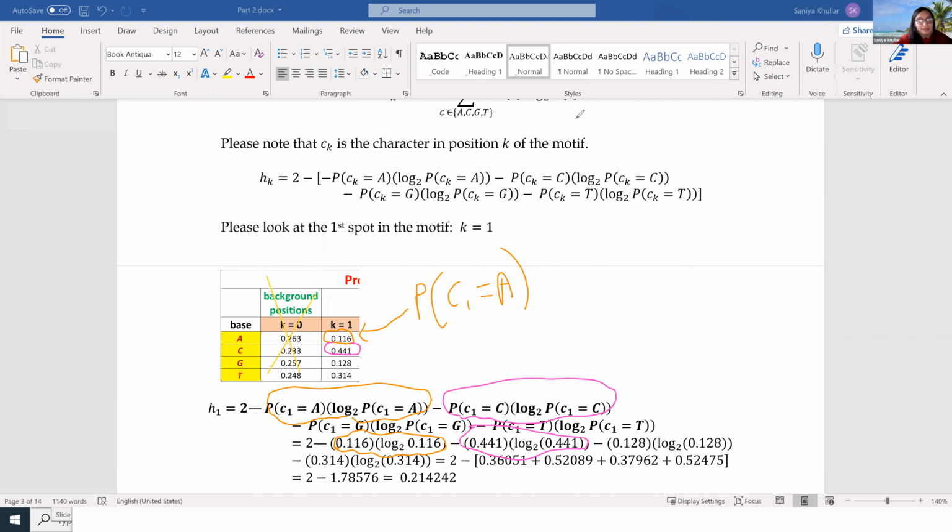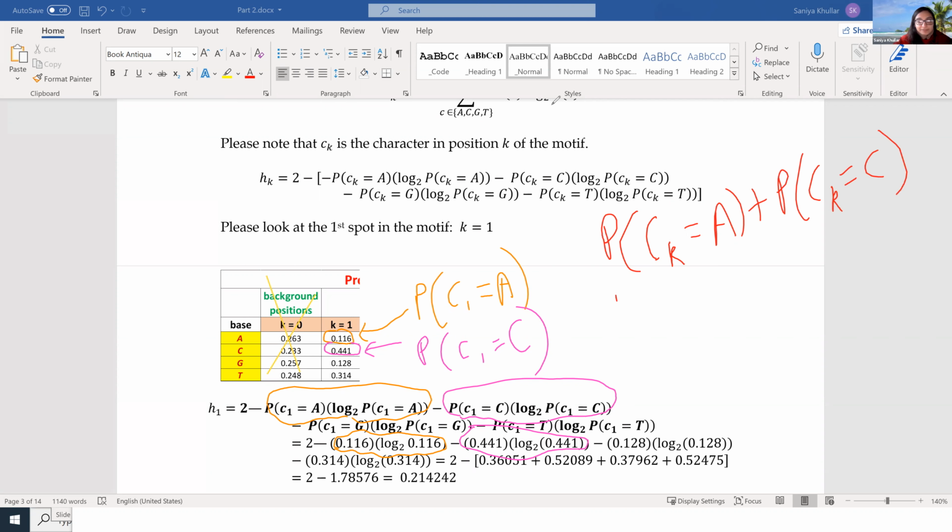And this is the probability that C1 equals C. So just to keep in mind, for any given spot, the probability that CK equals A, plus the probability that CK equals C, that CK equals G, and so on, should always add up to 1. The probabilities should always add up to 1. So this is CK equals 1. Just to keep that in mind.